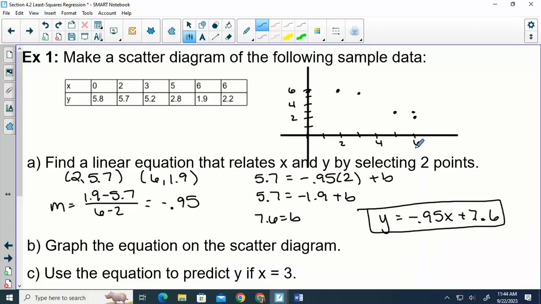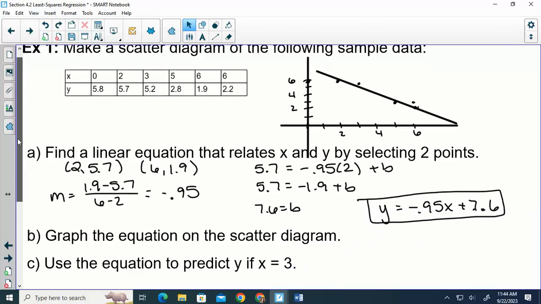So we have our equation, and then we could graph that easily enough. I'm just going to use the two points to draw my line so we know it goes through both of those points. So it's something like this. Is that a perfect line? Probably not. It's kind of the best thing I can do without any kind of formal calculation.